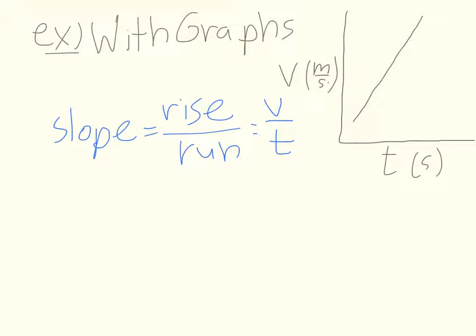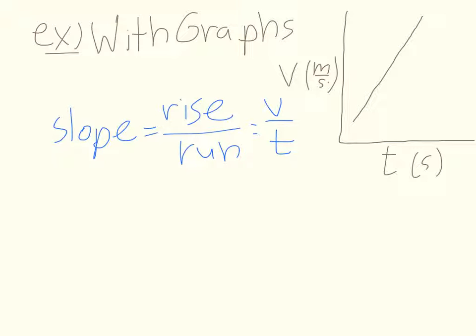Okay, we can now use dimensional analysis where we plug in units for what v and t are, and we then can reduce those units, and we'll have what the units of our slope are. So let's do that.